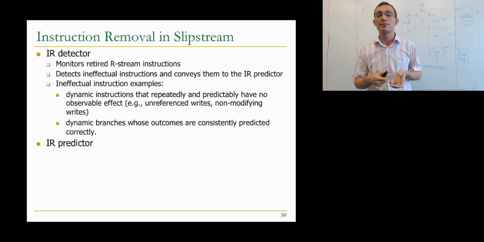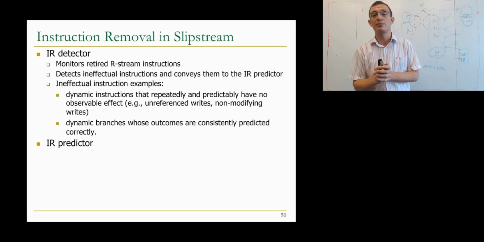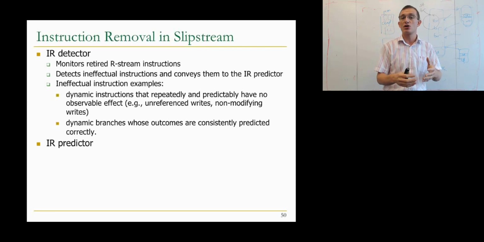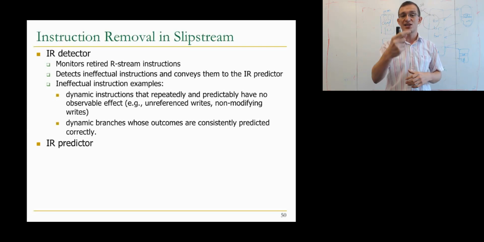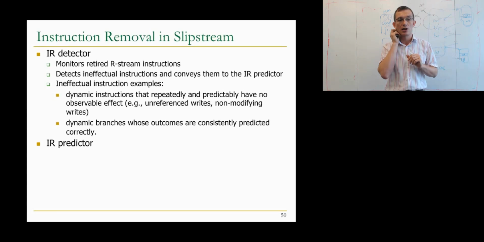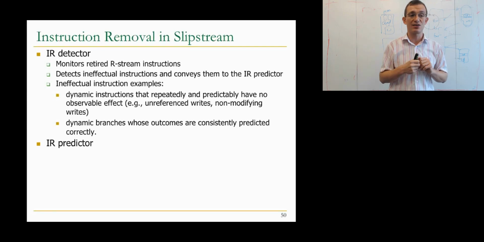Dynamic branches whose outcomes are consistently predicted correctly can actually be removed also, because you have the redundant stream to execute when you do the wrong thing, right? So a lot of loop branches and the instructions that are feeding those loop branches can be removed from this advanced stream, right?